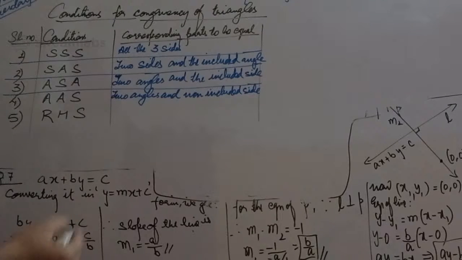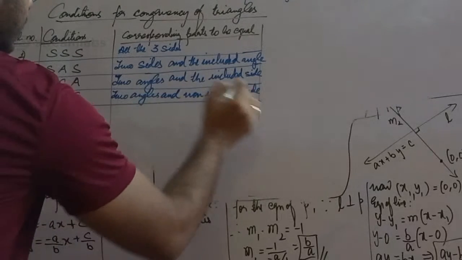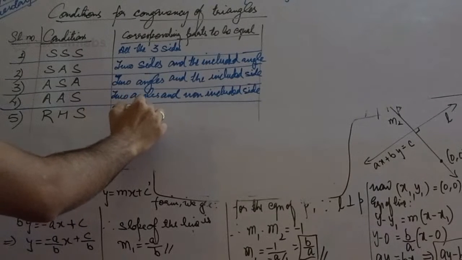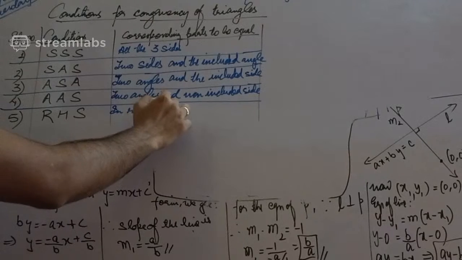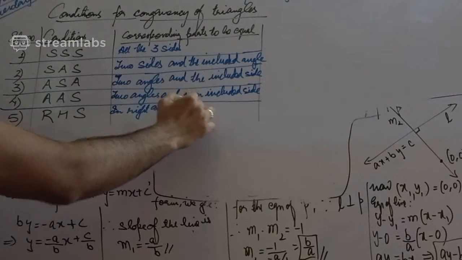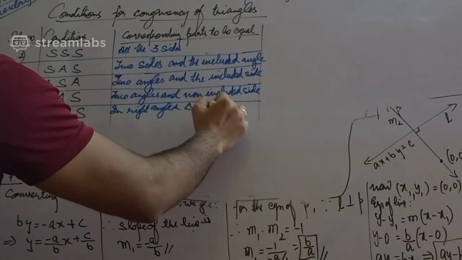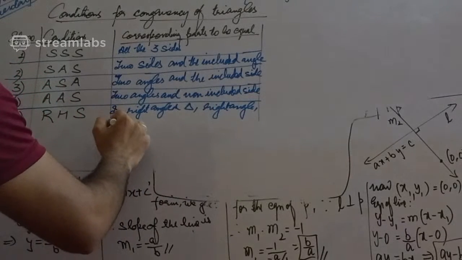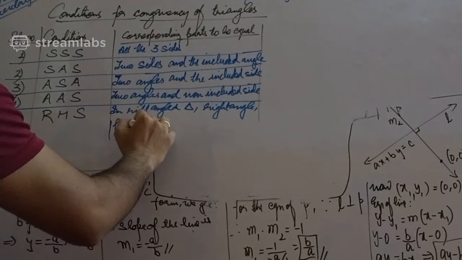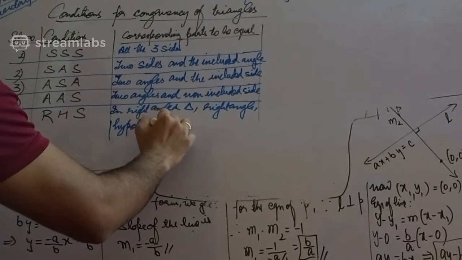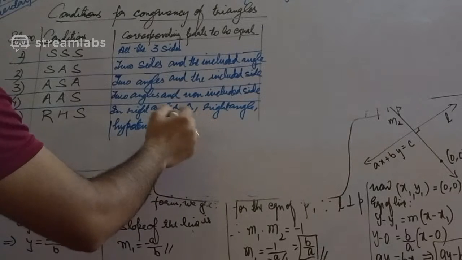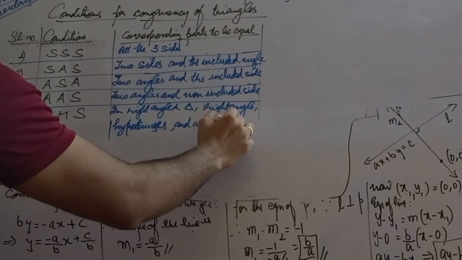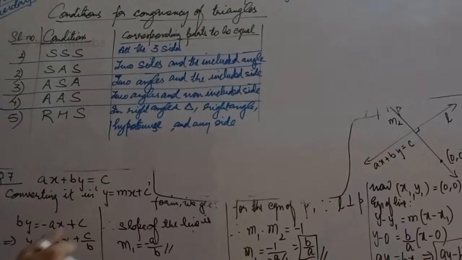Okay. And this RHS stands for what? We can say it is in a right angle triangle. It is especially for a right angle triangle. First of all, a right angle, hypotenuses, because both have hypotenuse, so we can say hypotenuses, and any side, or we can simply write hypotenuse and any side.